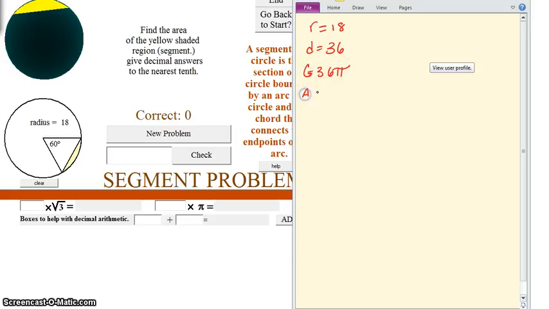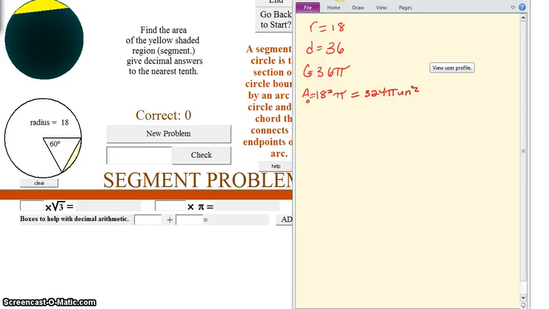The area then is 18 squared multiplied by pi, and this is the area of the circle. 256, 289, is that 324? Yes, so the area of this figure is 324 pi units squared.